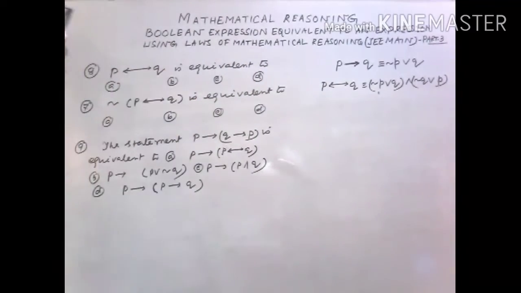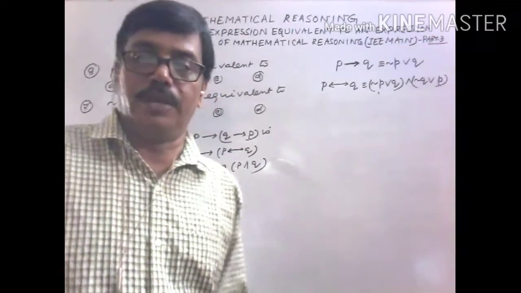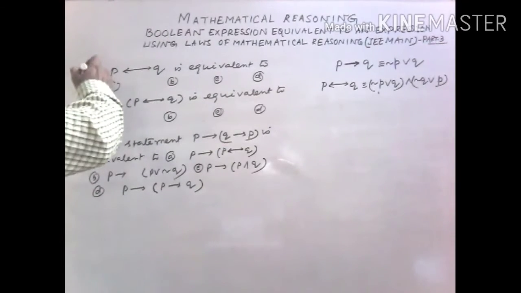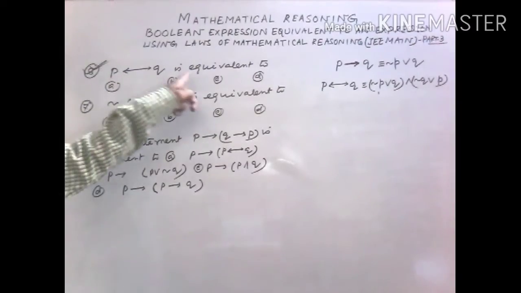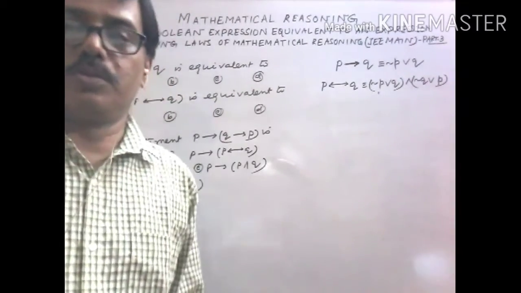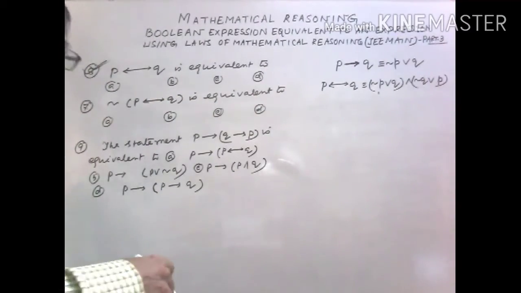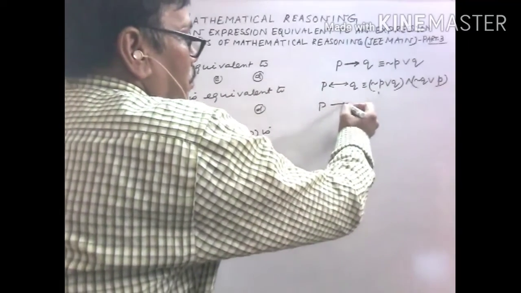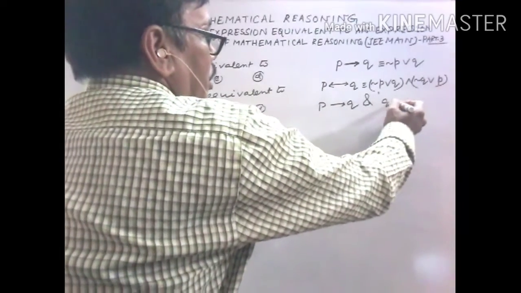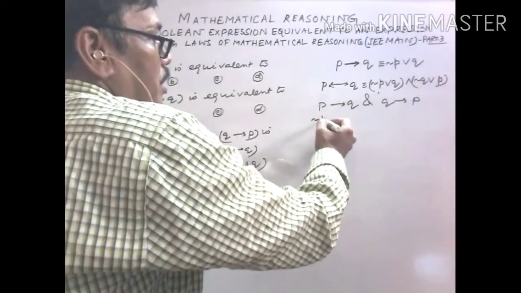Now we consider another set of problems. These are all problems of JEE Main. Look, problem number 8: P biconditional Q is equivalent to. We have already discussed it. P biconditional Q means P arrow Q and Q arrow P. So P arrow Q, what is the definition?